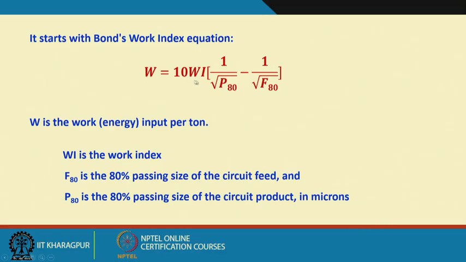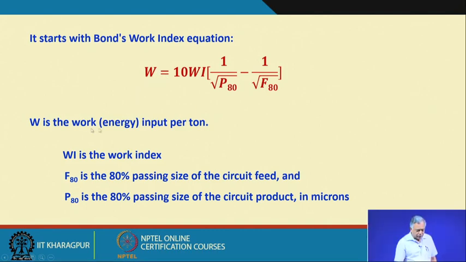Now, let me recapitulate, giving the example of the Bond work index. The equation for the work input is W = 10 WI (1/√P80 − 1/√F80). Here W is the work or the energy input per ton of material.